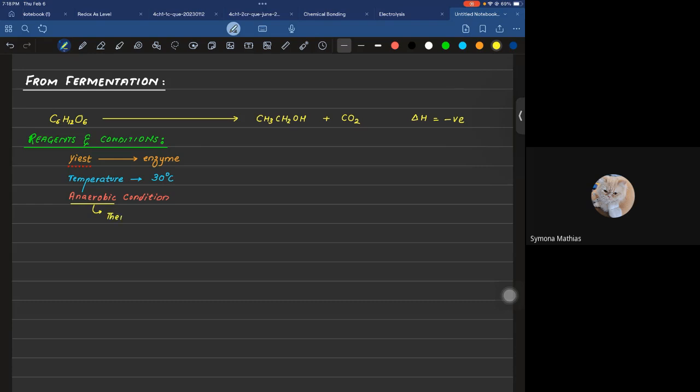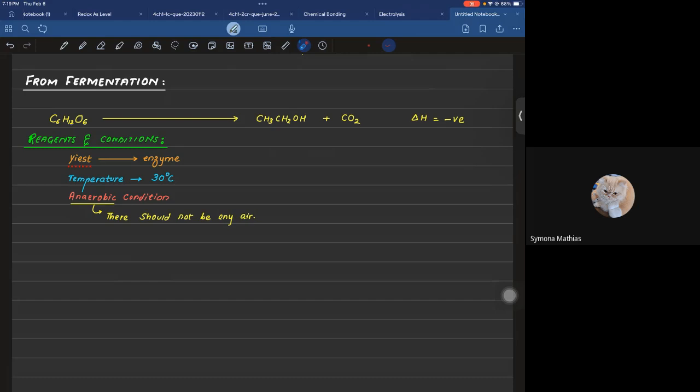There should not be any air. You know why this is so? If you have air, your glucose would be combusted. I don't want combustion products. I want to ferment it. So I need to use special conditions which are suitable for fermentation. That's why I'm giving these conditions.